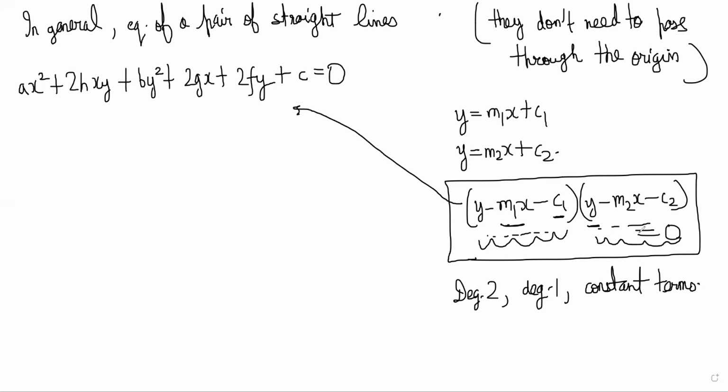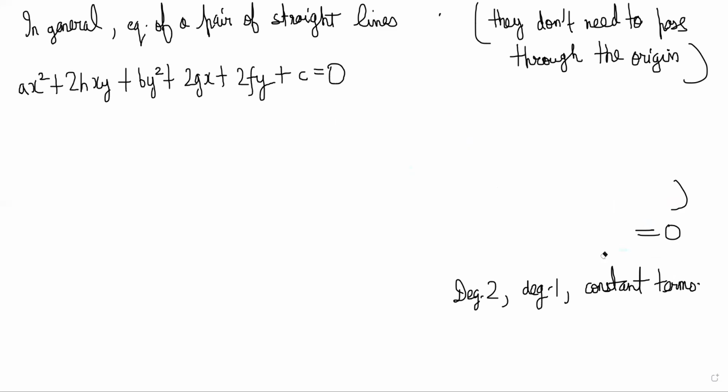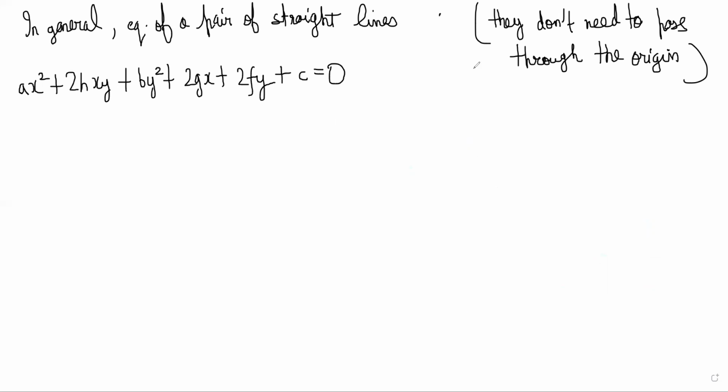Now what we need to do is figure out that, if someone gave us this general 2-degree equation, can we find out whether it is a pair of straight lines or not? Or what is the condition that must be true for this equation to be a pair of straight lines?